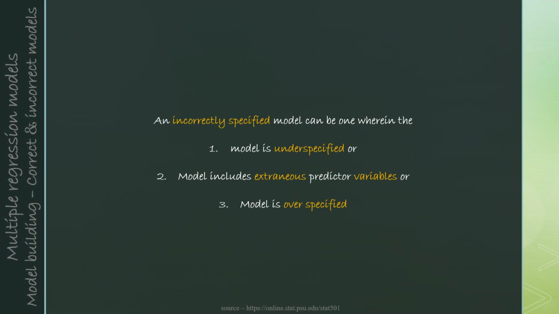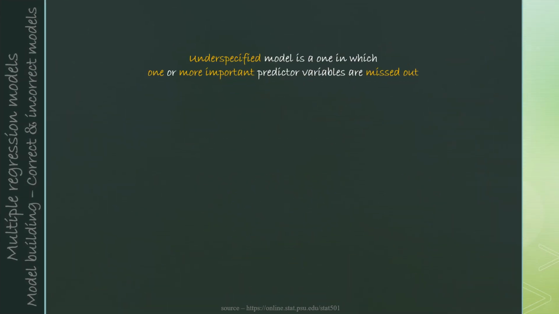An incorrectly specified model can be one wherein the model is underspecified, or the model includes extraneous predictor variables, or the model is overspecified. An underspecified model is one in which one or more important predictor variables are missed out.